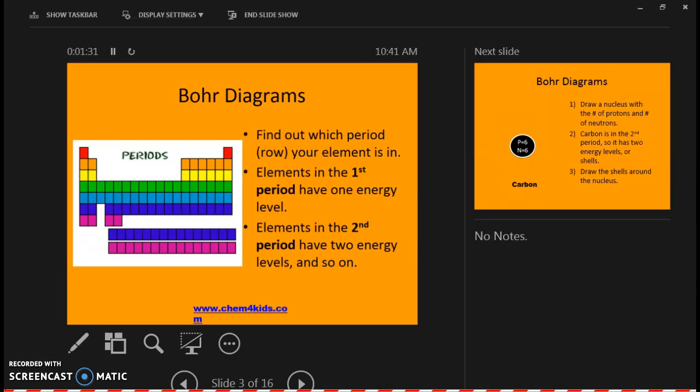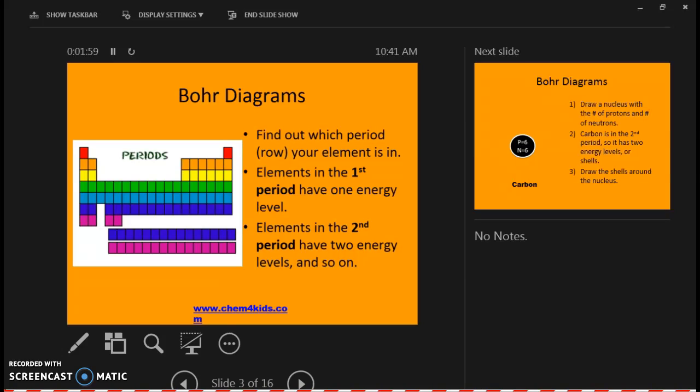What you need to do next with Bohr diagrams is look at the period that your element is in. Remember that periods are horizontal, so they start at the left and move to the right. This picture does a really nice job highlighting the different periods with the different colors. Remember the lanthanides and the actinides are beneath the periodic table just because it'd be too big to have them in their period.